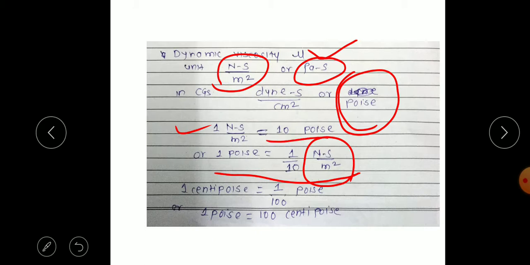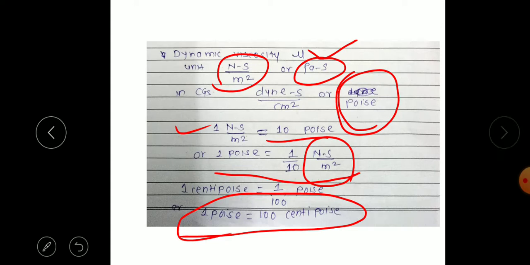Again, poise is also a bigger unit, sometimes a smaller unit is required, that is the centipoise. So 1 poise is equal to 100 centipoise. So this is the dynamic viscosity, mu, which we can consider in Newton second per meter square or Pascal second.